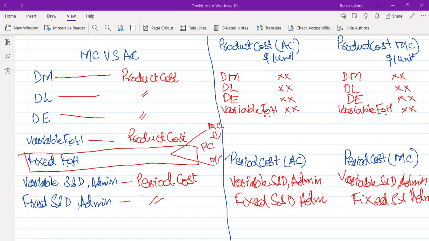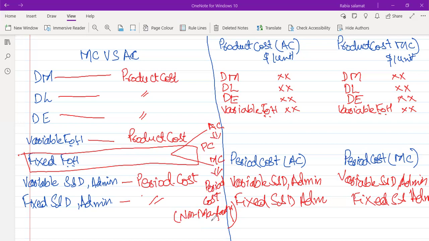But the marginal costing concept differs a little bit and says it is treated as period cost. It means it is treated as non-manufacturing cost. Both costing techniques have their own viewpoint that supports why it should be product and why it should be period.